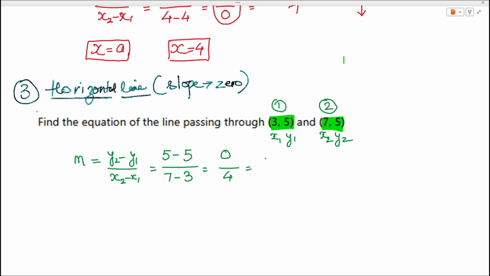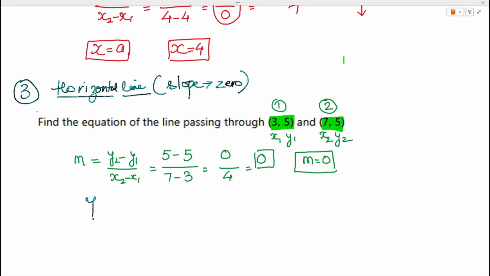So 0 divided by 4 is equal to 0. The slope of our line is 0, and when the slope is 0, there is no slant in the line. Because the line is horizontal, its equation will be y is equal to the value of y.